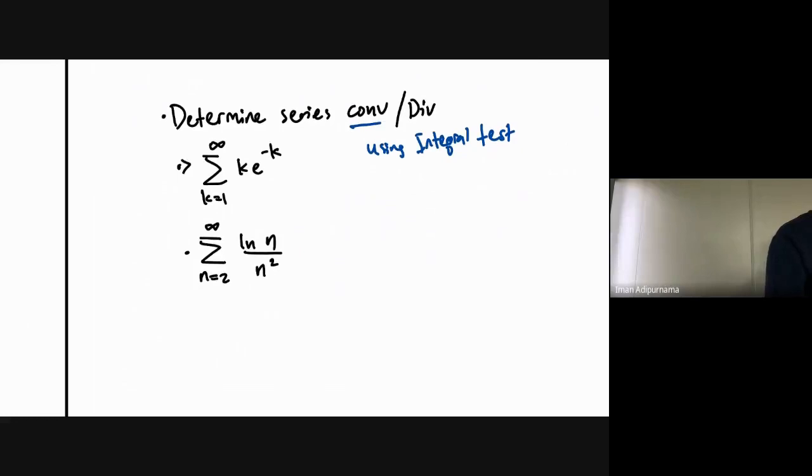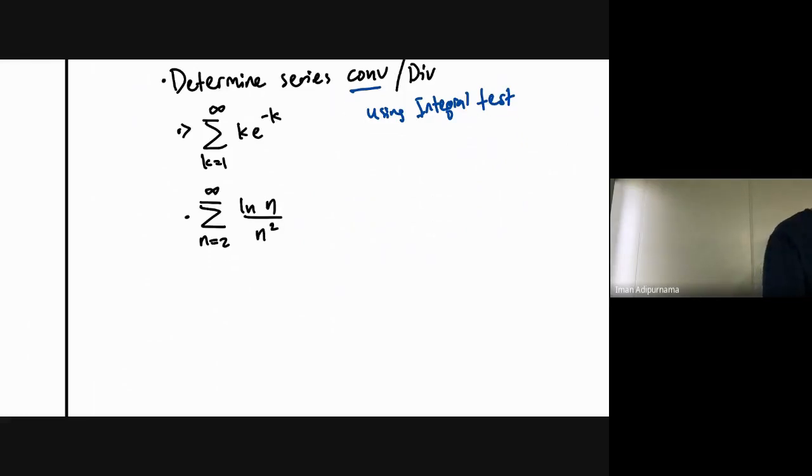And the first thing you need to observe if you want to use the integral test: the function should be continuous, with positive terms, and then the last one, the important one, is always decreasing.